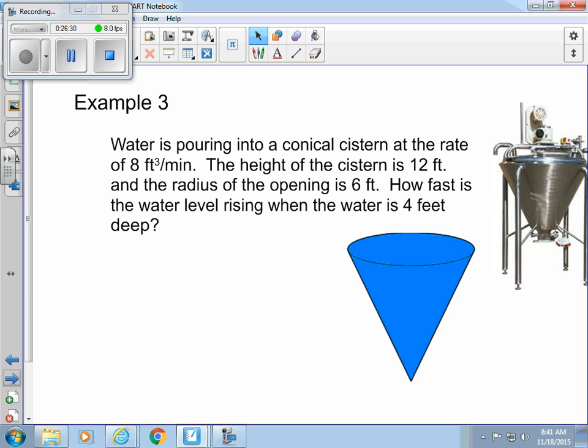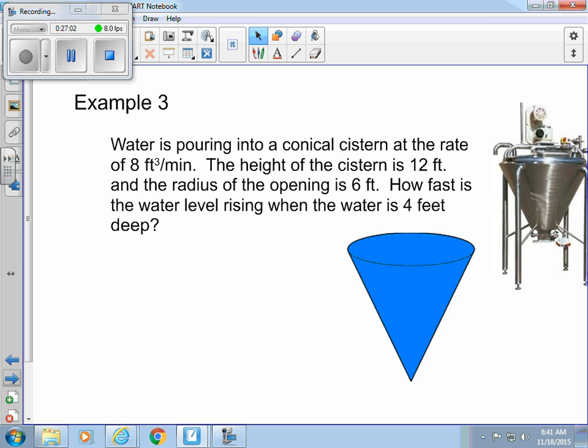Water is pouring into a conical cistern at a rate of 8 cubic feet per minute. The height of the cistern is 12 feet. The radius of the opening is 6 feet. How fast is the water level rising when the water is 4 feet deep? Okay, so let's draw a picture.